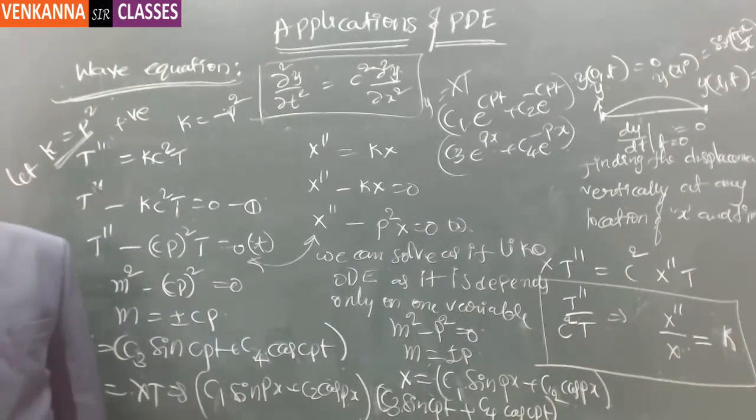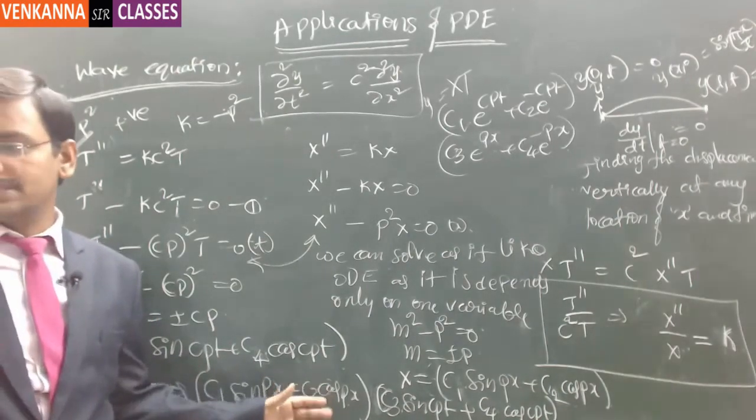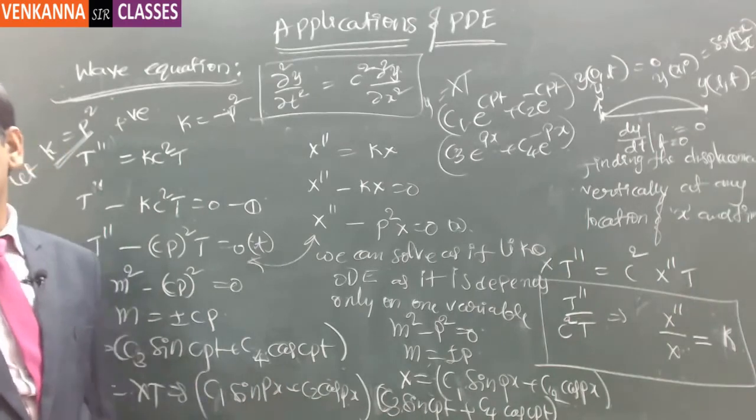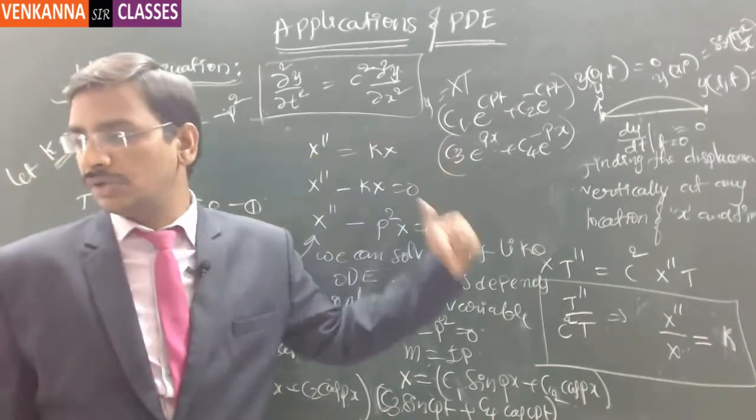Understood or not? Okay. So once you understand this one, we have concluded that this is the appropriate solution which you can pick up to solve our wave equation. So this is ruled out and k is also ruled out.